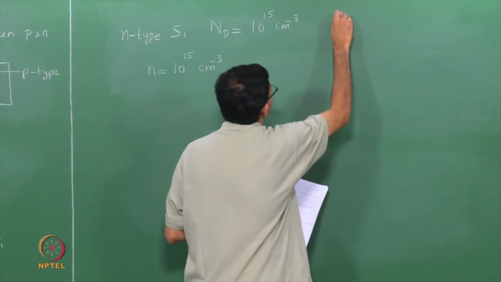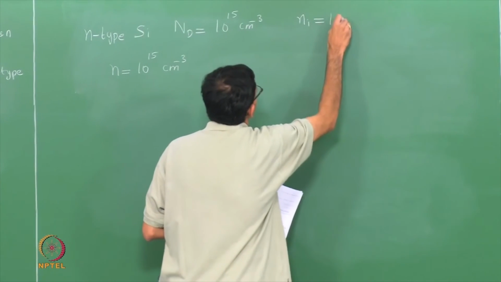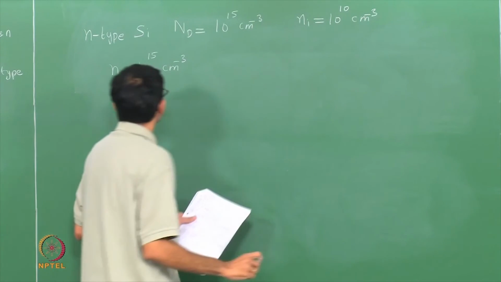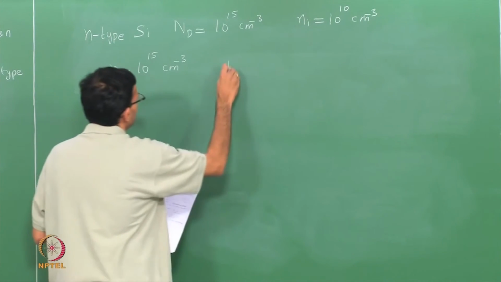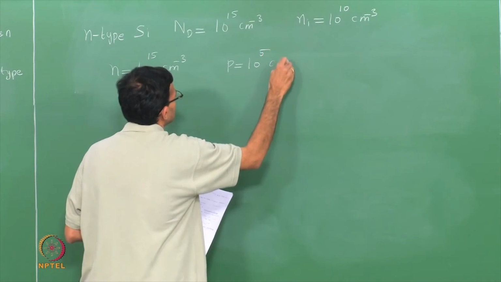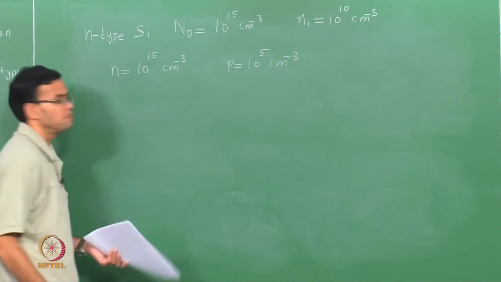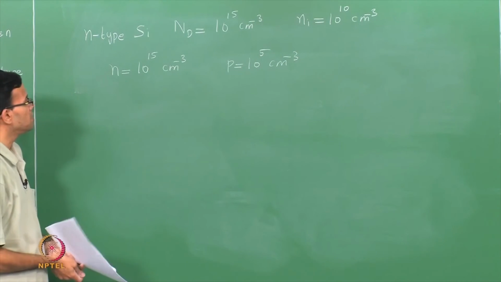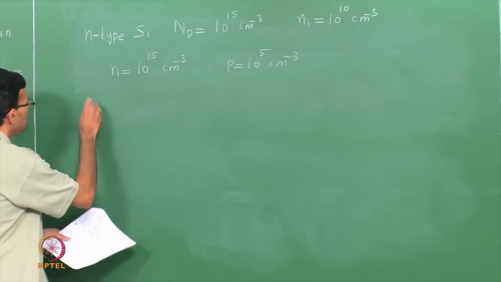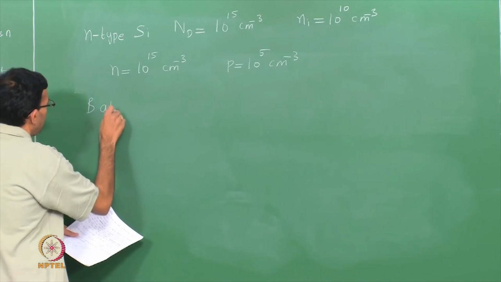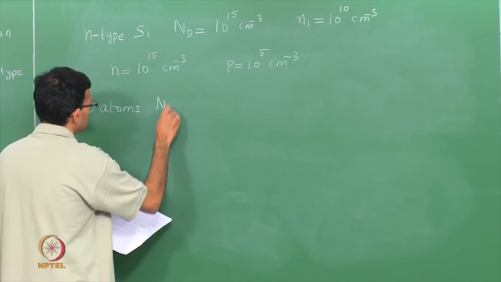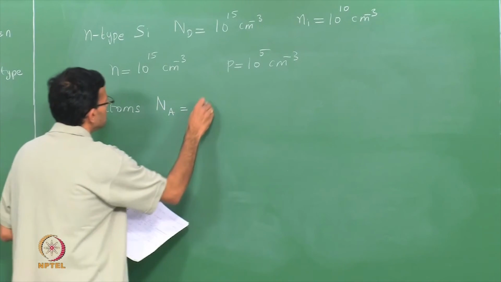Ni for silicon is 10 to the 10. So, P is 10 to the 5 per centimeter cube. Now, you take this and we add boron atoms. So, we add acceptors, and the concentration of acceptors Na is 10 to the 16.